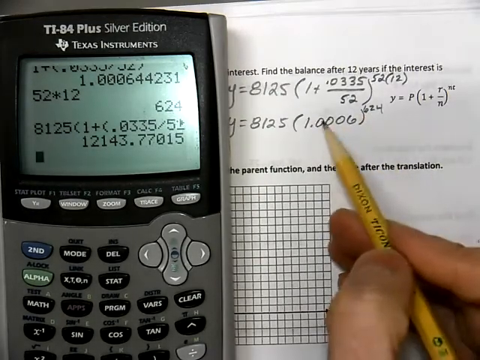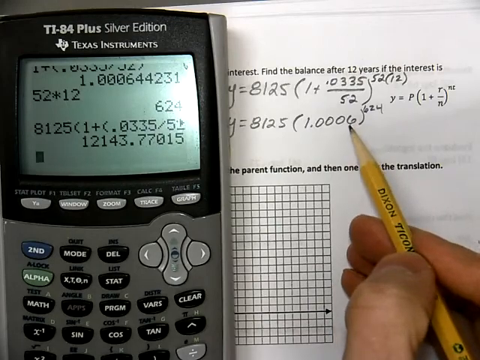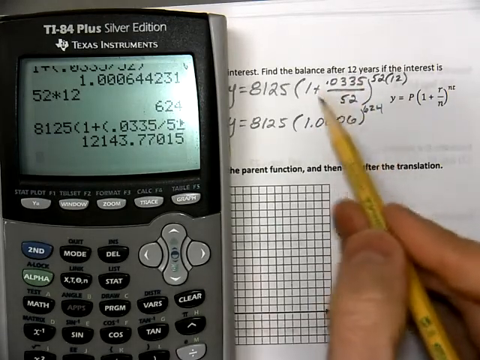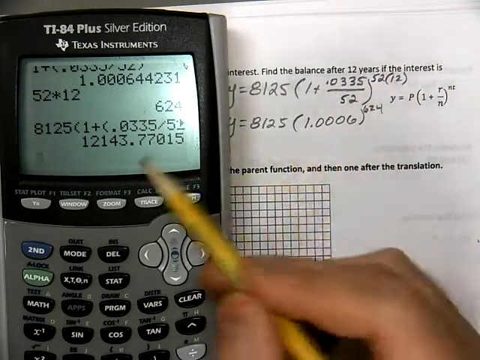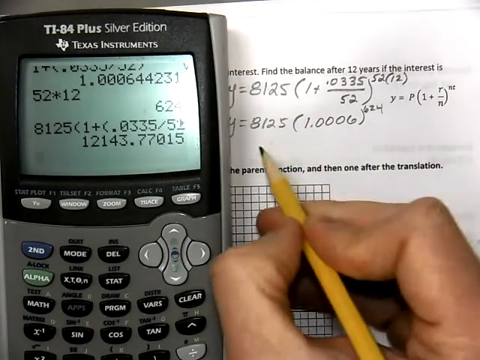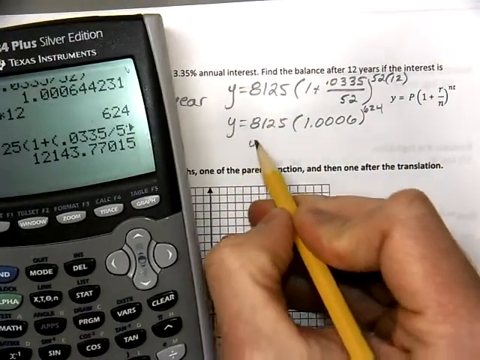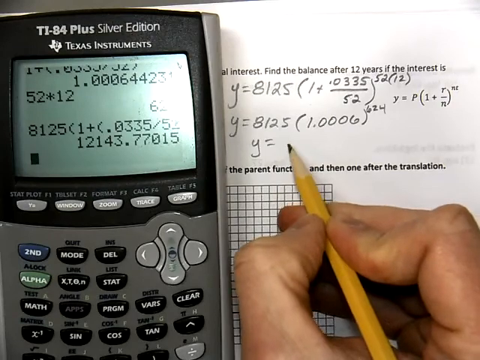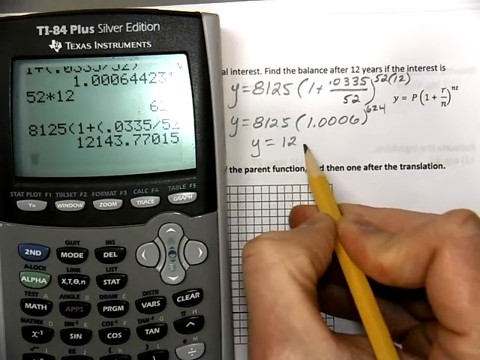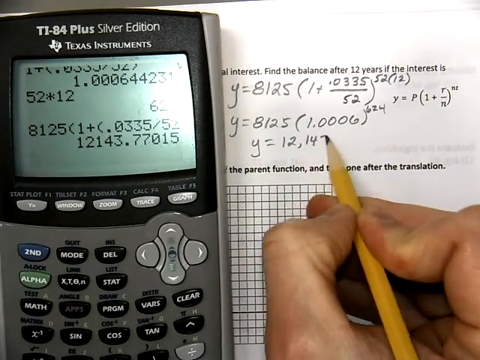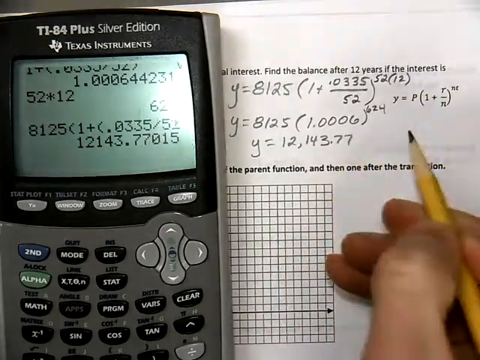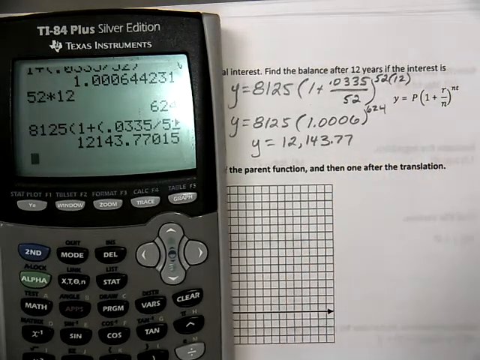If you used a rounded number like 1.0006 and didn't use the official value, you would get a little bit different answer. $12,143. So it would go up by a bit more than $4,000 just for sitting in an account.